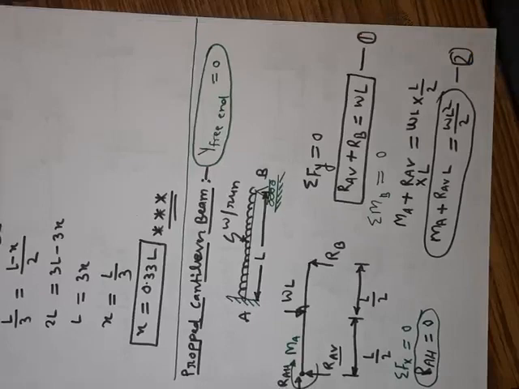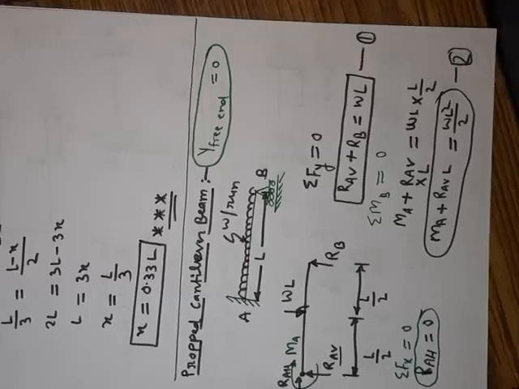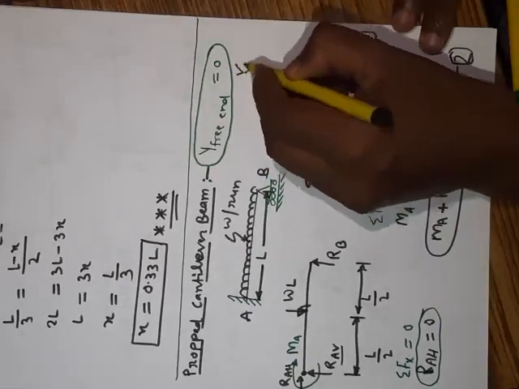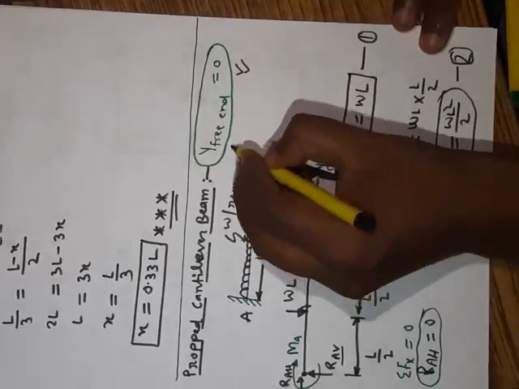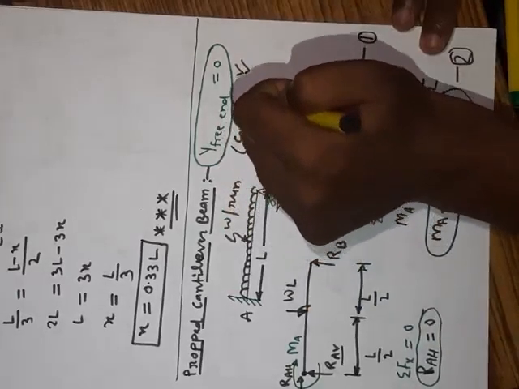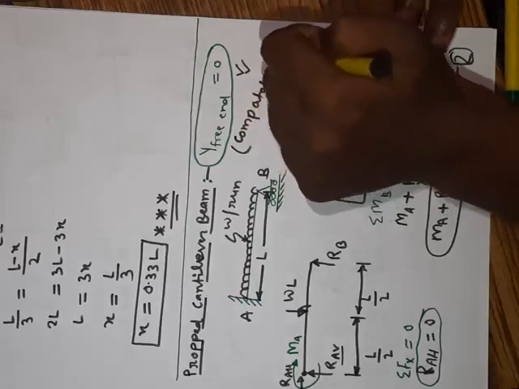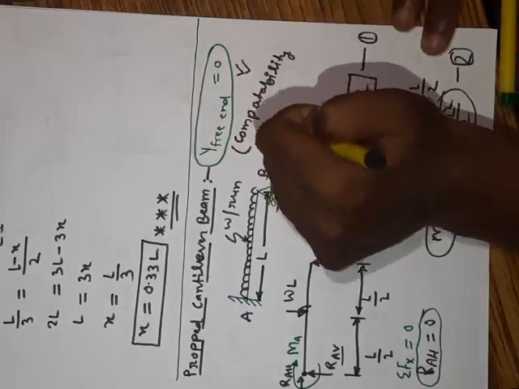So here we have only two equations and three unknowns. So we need one additional equation. We will use the relation that deflection at the free end equals 0, and this equation is sometimes known as the compatibility equation.